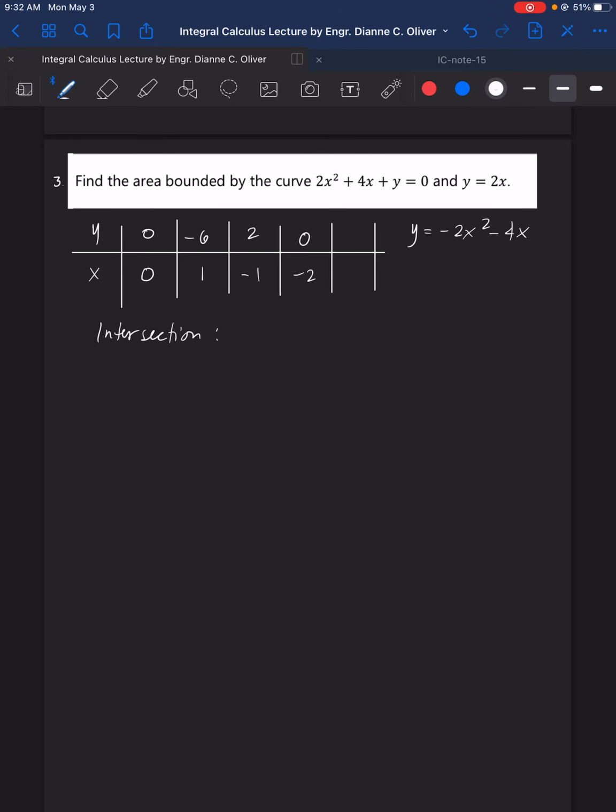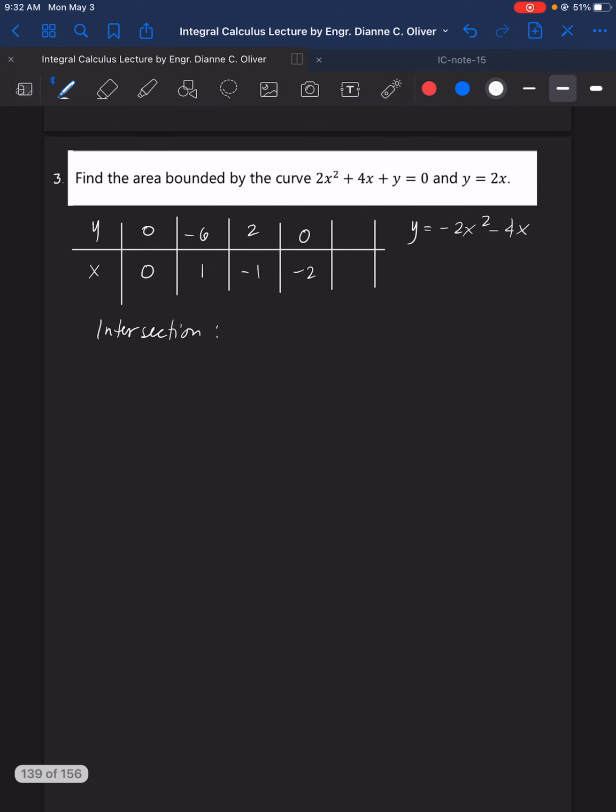For the intersection, we have 2x squared plus 4x plus y, so this y becomes 2x equals 0. So 2x squared plus 6x is equal to 0.